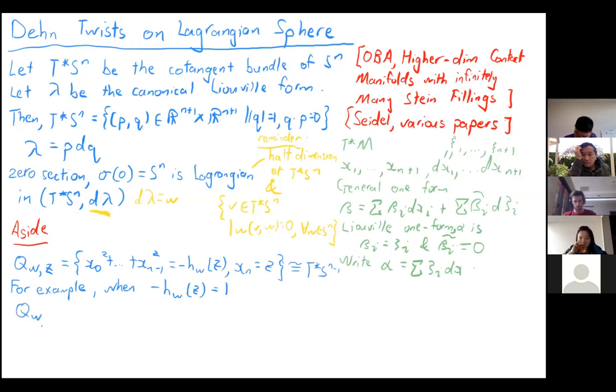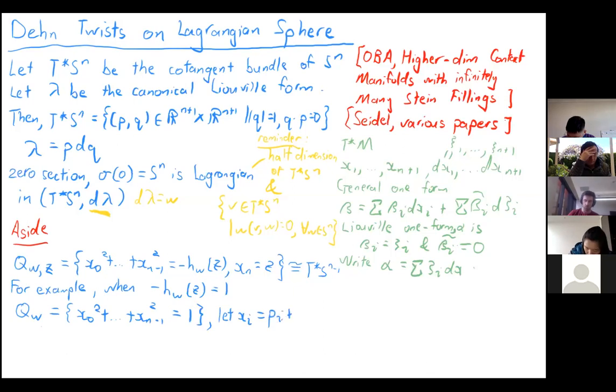So this particular fiber, you can write as this. Okay, and if you do some coordinate change, let's let x_i be equal to p_i plus, I don't put i because later you confuse it with the complex imaginary number, so let's put a, i q_a.